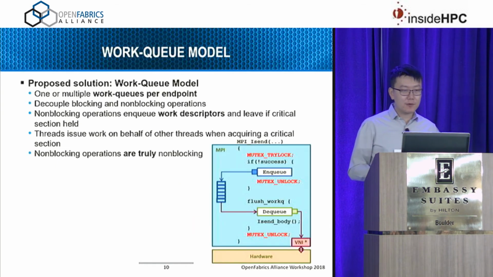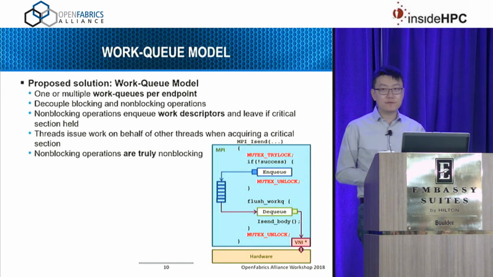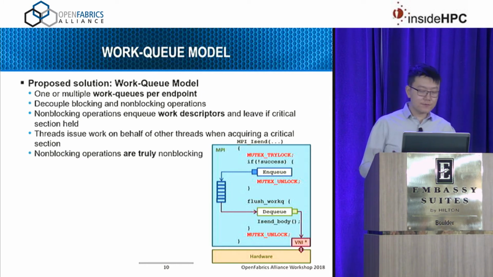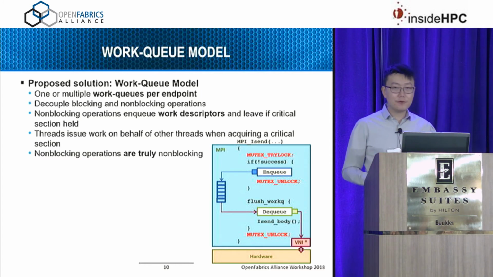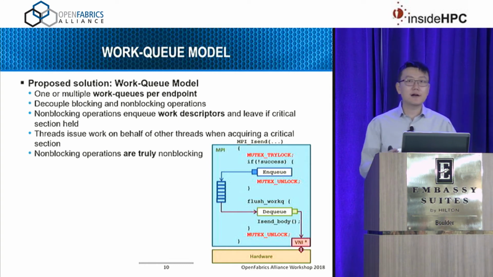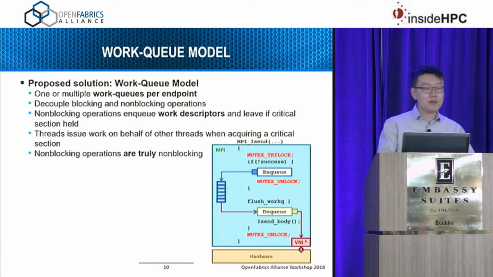So with that in mind, what we're trying to do in CH4 right now is introduce what we call the work queue model. If we think back, the problem with the current locking scheme is that a thread comes in trying to get a lock, it won't get the lock, and then it might block on that.